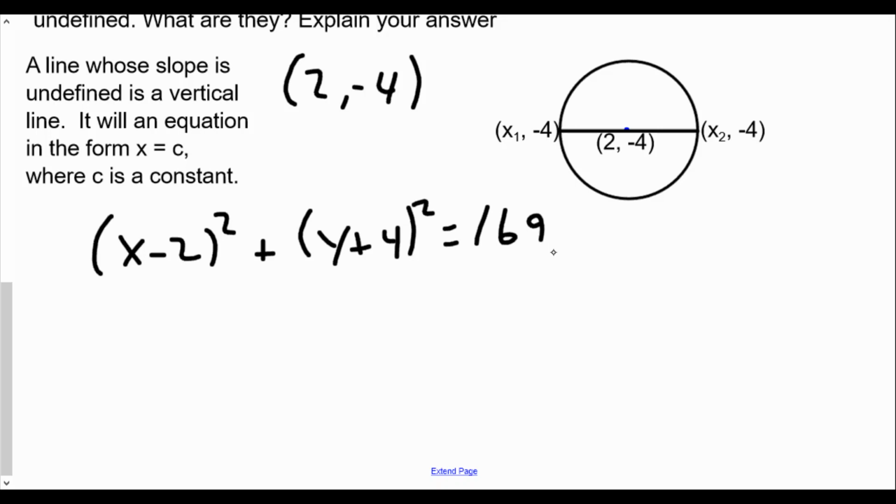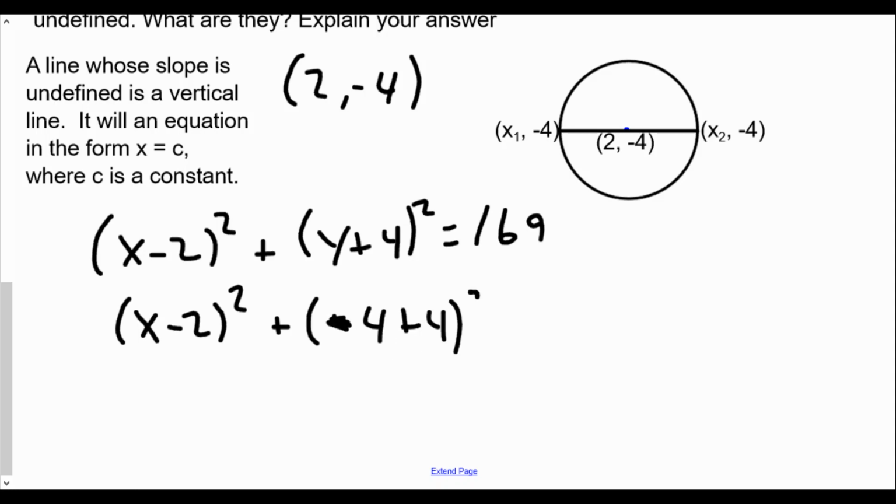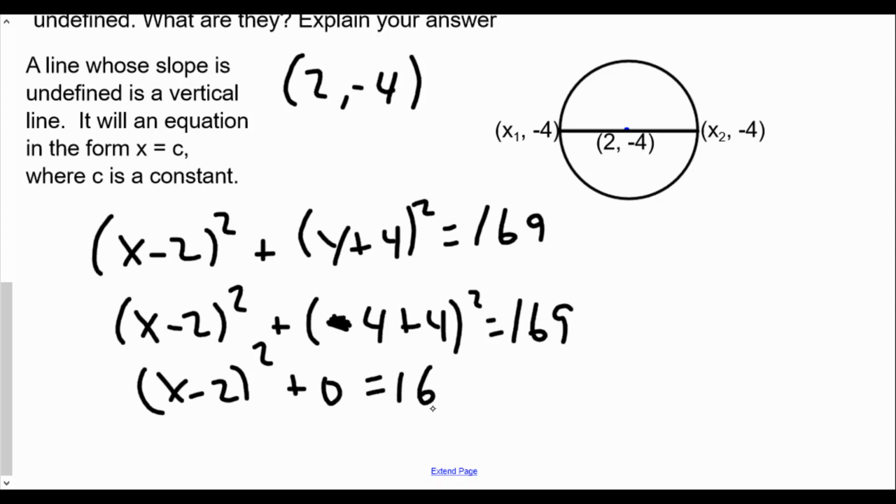For our y value, because we want to solve for x, we have (x minus 2) squared plus (negative 4 plus 4) squared equals 169. Conveniently, (x minus 2) squared plus 0 equals 169.